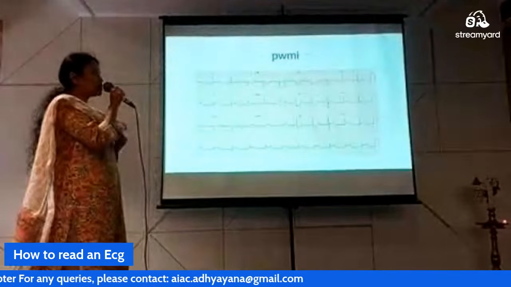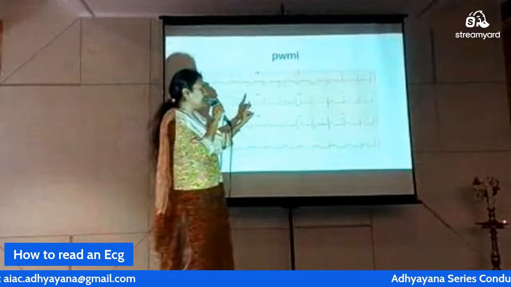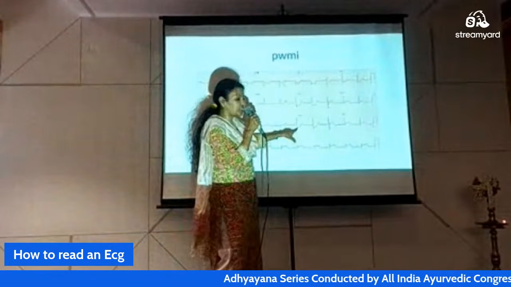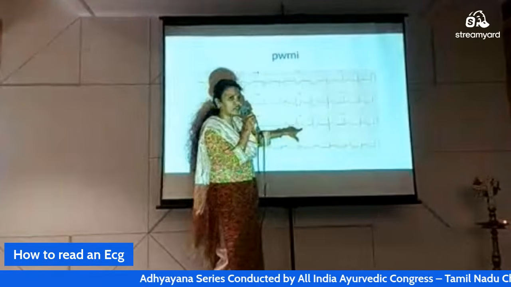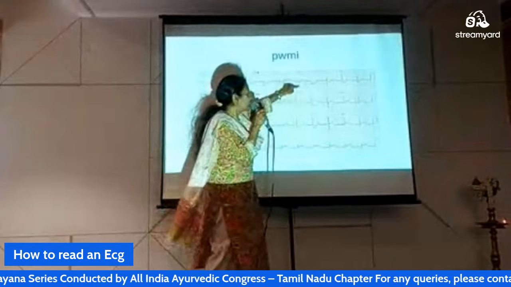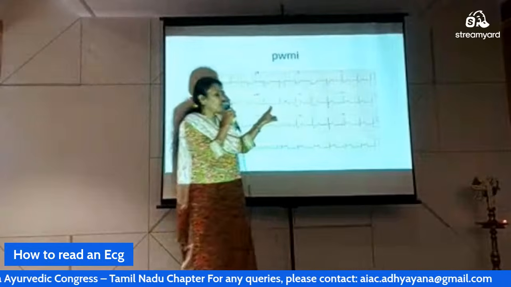Next one is the posterior wall MI. I have never seen such a case. The only key is V2 and V3, there will be an ST depression like this, a flat line. Can you notice this? Everywhere there was an ST elevation. Here you will have an ST depression. Now posterior, why?